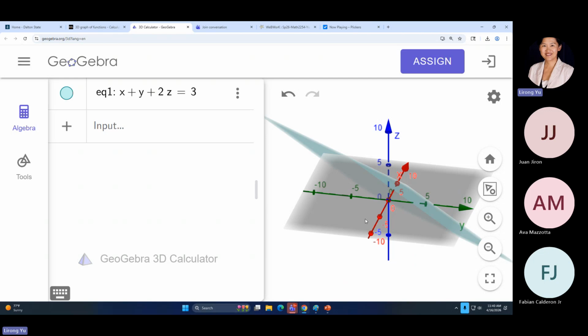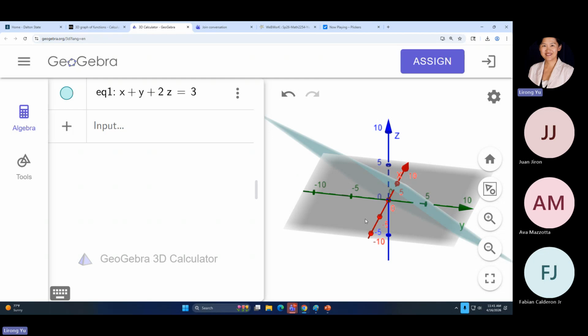So when we have x, y, and z in the equation representation of the surface, the plane, we have intersection with the x-axis. That's when y equals 0, z equals 0, x equals 3. On the y-axis, x equals 0, z equals 0, y equals 3.